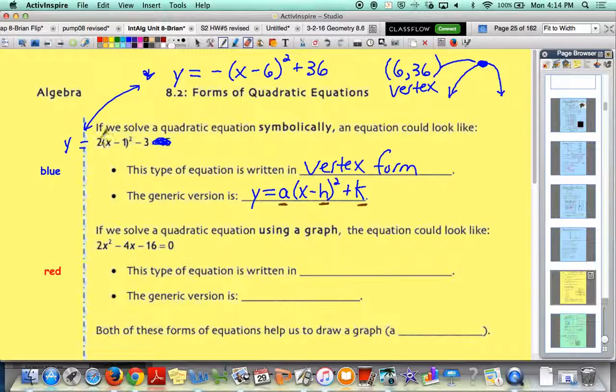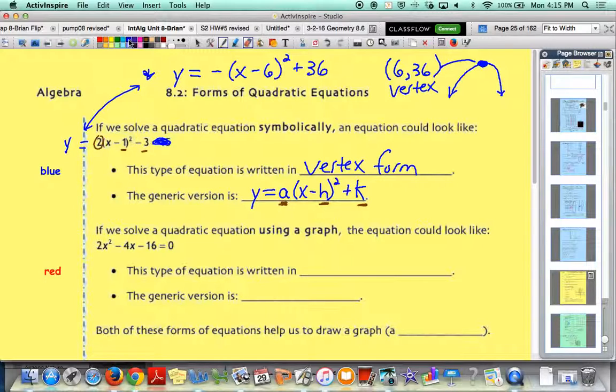So you'll notice up here, the 2 is in the spot where the a is, the 1 is in the spot where the h is, and the 3 is in the spot where the k is, or the negative 1 and the negative 3, depending on how you look at it. Those will actually be numbers, but those numbers are going to mean something in these different equations. So we think back to our work earlier this year about dilations, translations, and reflections. All those numbers meant something within that context as well. So that's called the vertex form when it looks like that.